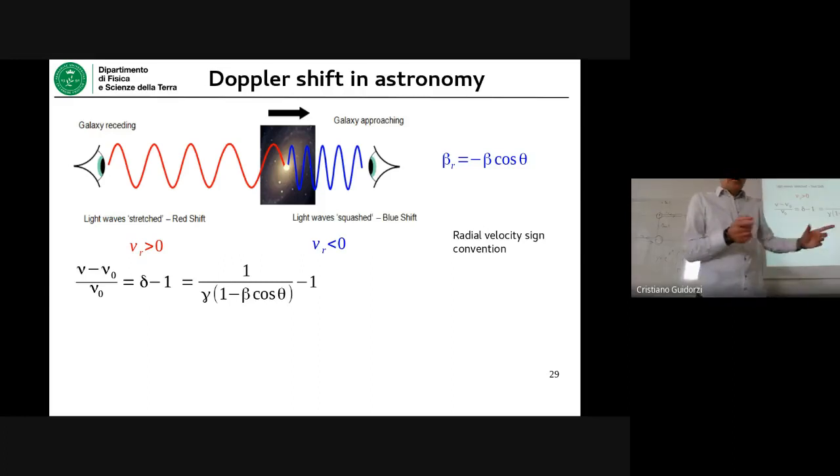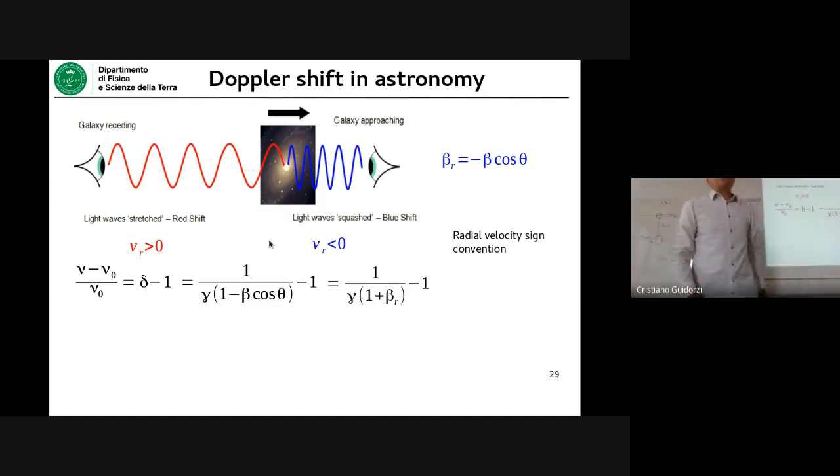For the convention we adopted for the figure we used to define cos theta when we introduced the Doppler factor, you have to make sure that you're not losing the minus sign here. So when you replace this in here, minus beta cos theta becomes beta radial. Okay.